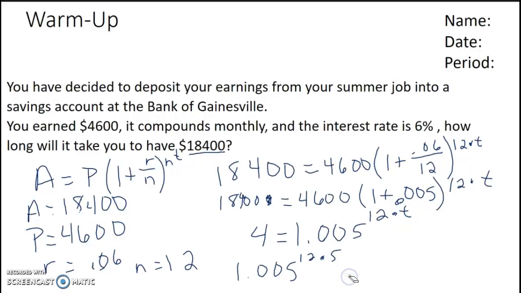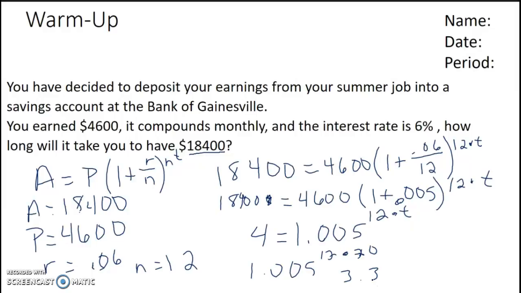All right, that didn't work, so let's try a new one. I did 12 times 20, so 1.005 to the 12 times 20 power. And I got 3.3. So we're getting a little closer, 3.31.